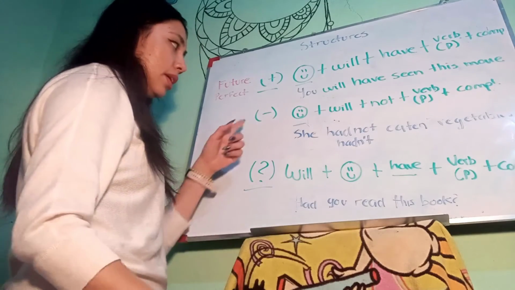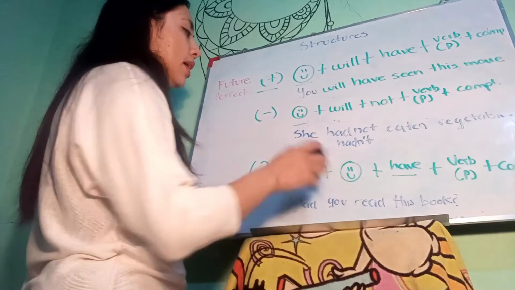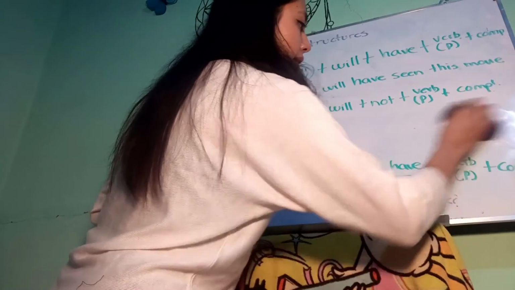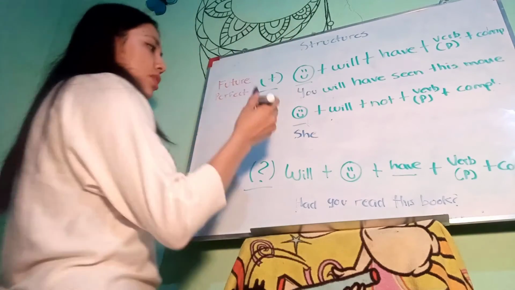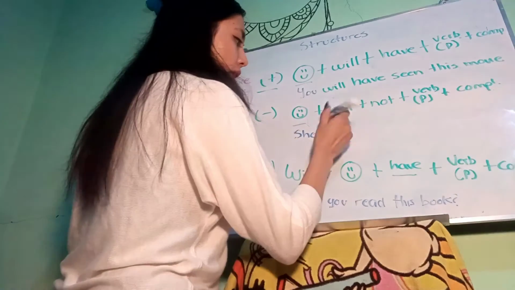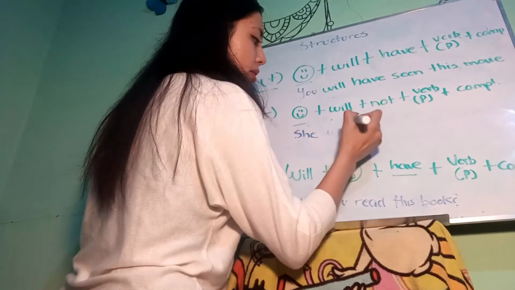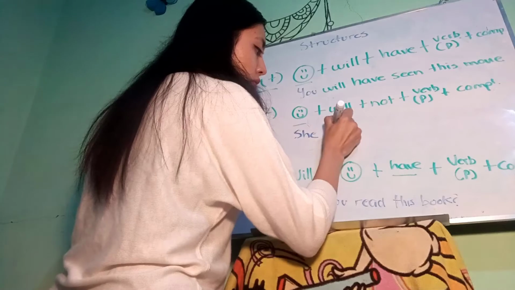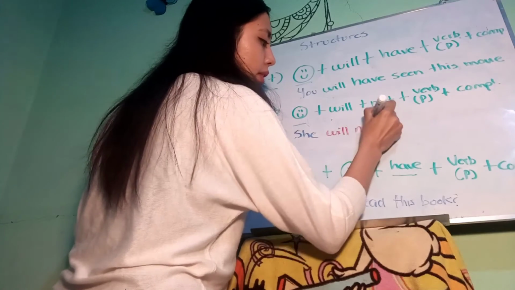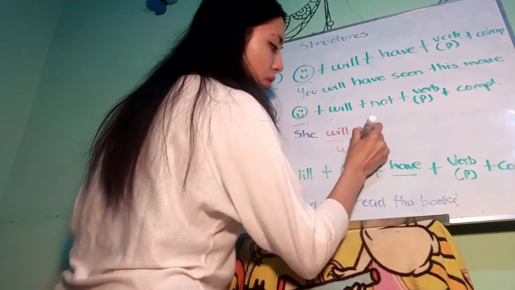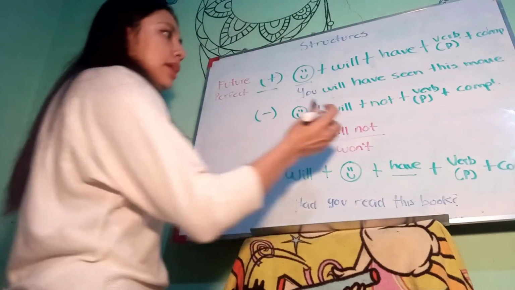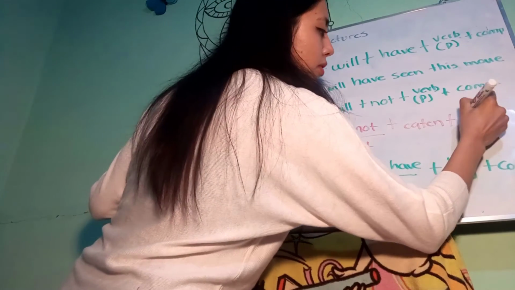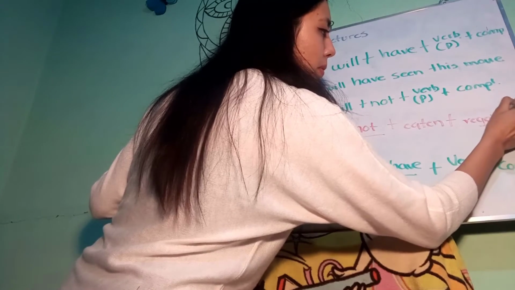The negative form, I have my subject, my auxiliary will, she will not or won't, she will not or won't, the contraction, plus eaten plus vegetables.